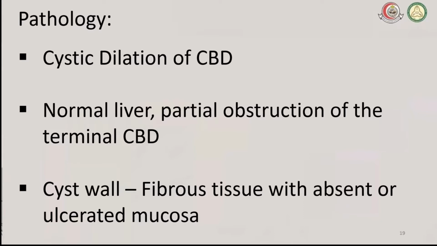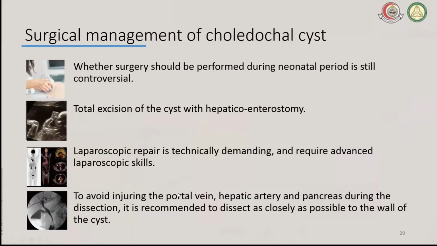As you know, in biliary atresia we try to intervene as early as possible, at least within the first 2 months of life, while choledochal cysts can be asymptomatic, as we presented before to you: the 5-year-old girl who presented to our center with chronic abdominal pain and was found to have an incidental ultrasound finding of a choledochal cyst. And the cyst wall is fibrous tissue with absent or ulcerated mucosa.